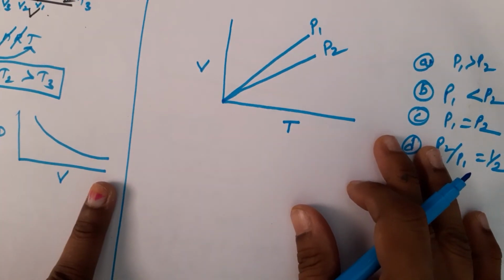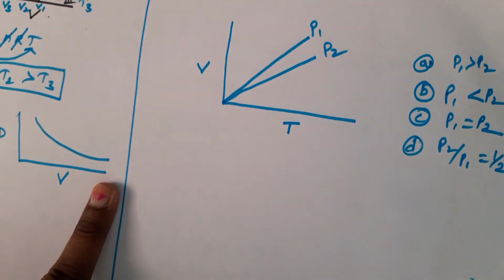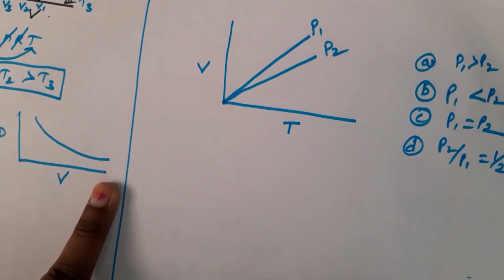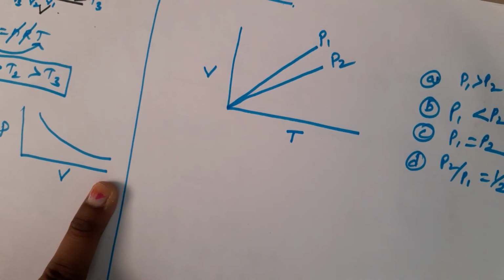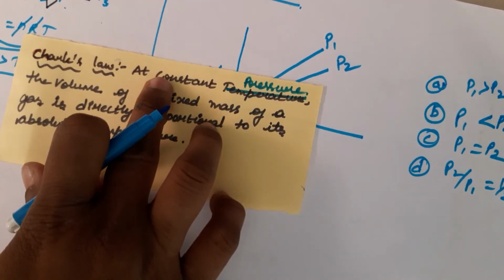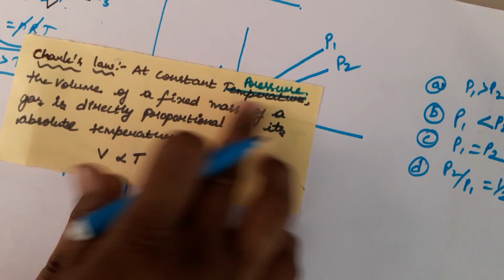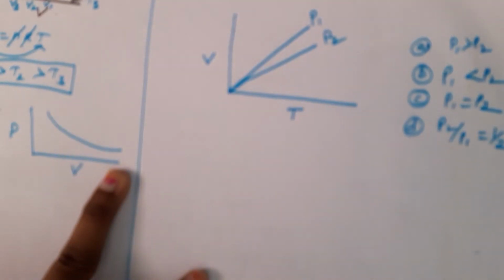Based on that we can find the relation between the two. At constant pressure, the volume of a fixed mass of a gas is directly proportional to its absolute temperature.